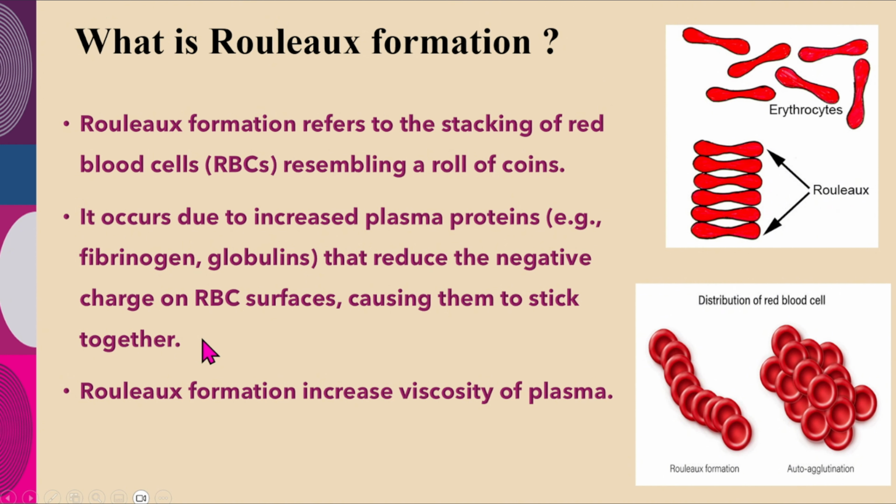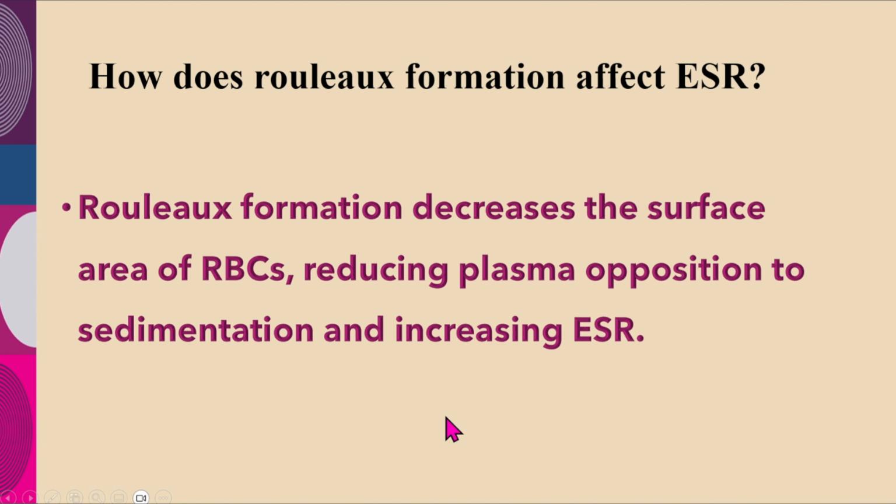So remember which proteins are responsible for the increased ESR or increased Rouleaux formation. These are two important proteins, fibrinogen and globulin, that reduce the negative charge on the RBC surface and increase the Rouleaux formation. Rouleaux formation increases the viscosity of the plasma because there is an increase in the plasma proteins. When the plasma proteins are more, plasma will be more viscous.